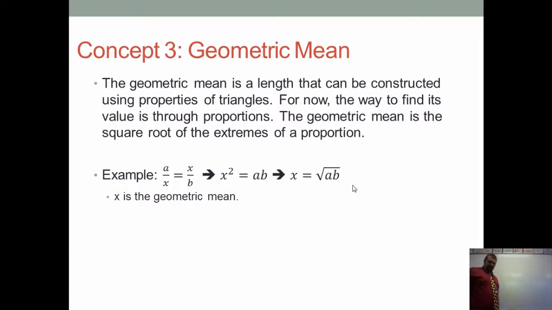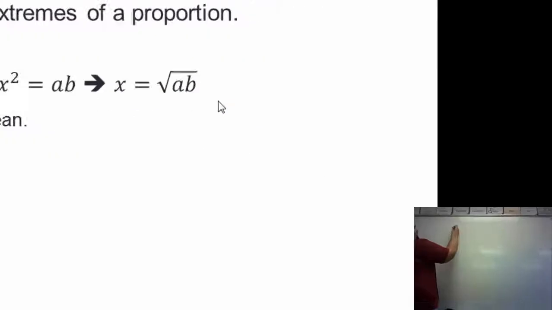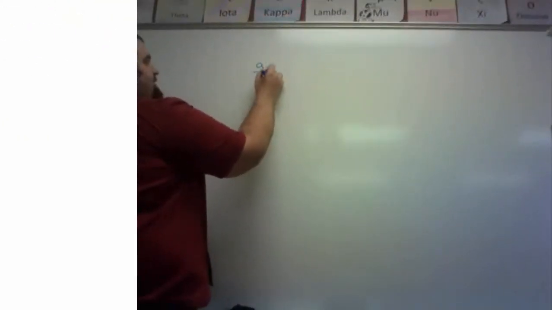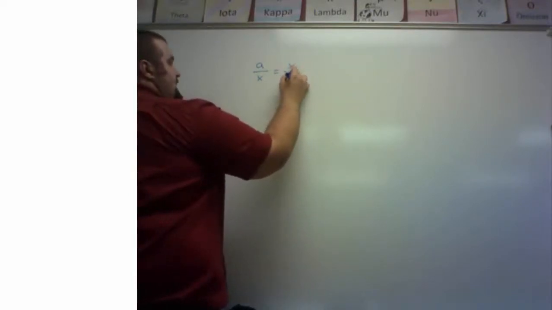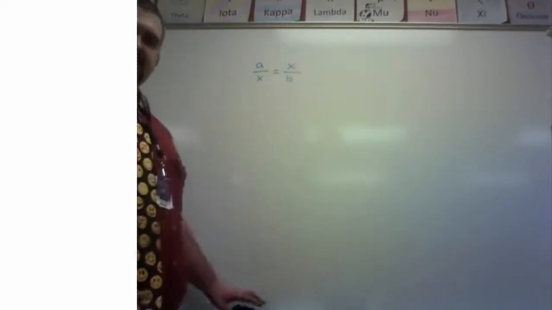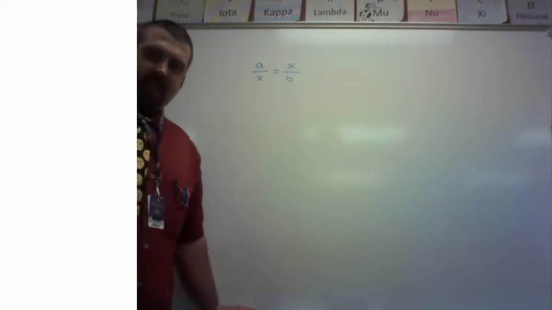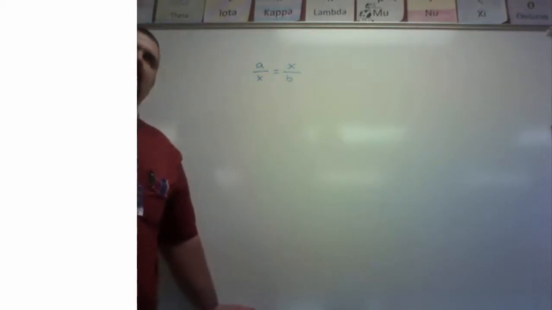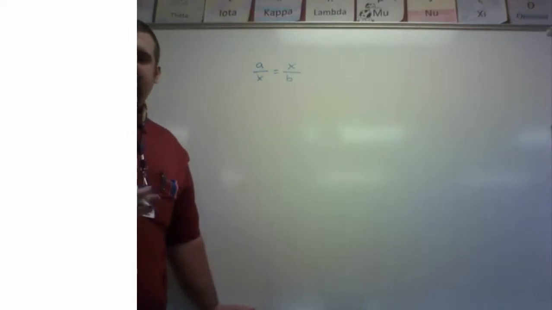In a proportion, I get something that is the same length, but I can set up the same ratio. So for instance, if I have A to X equals X to B, X is a geometric mean. It's a number that's an average, so to say, in terms of geometric properties, geometric shape.